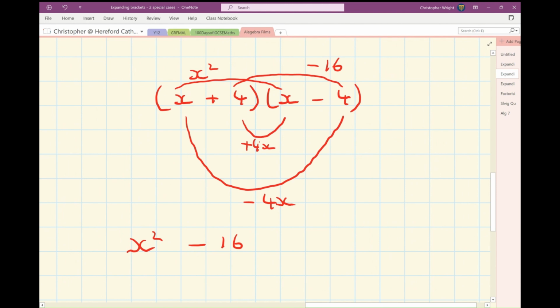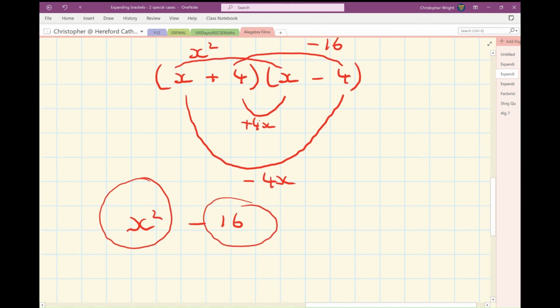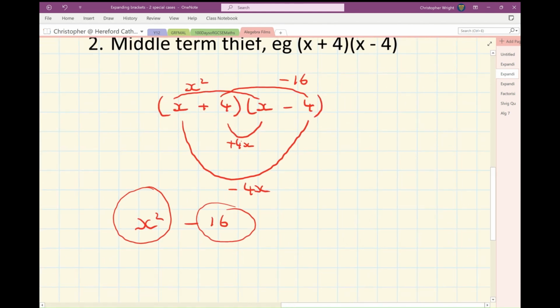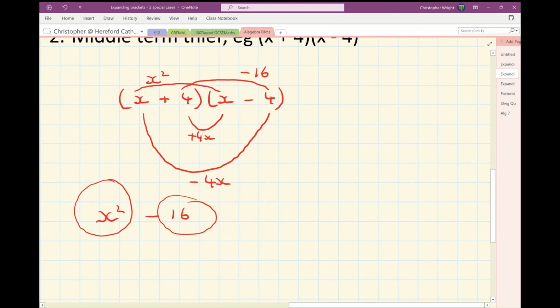You might have heard this called the difference of two squares, because this is a square number, and this is a square number. It's one subtract the other, so it's the difference between two square numbers. But either way, x plus 4 times x minus 4 is simply x squared minus 16.